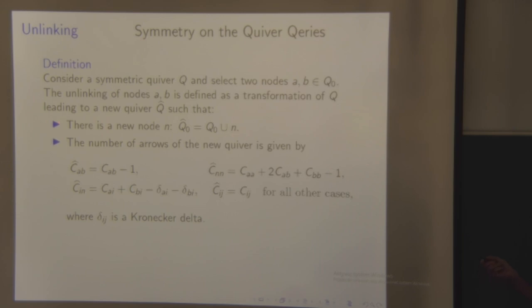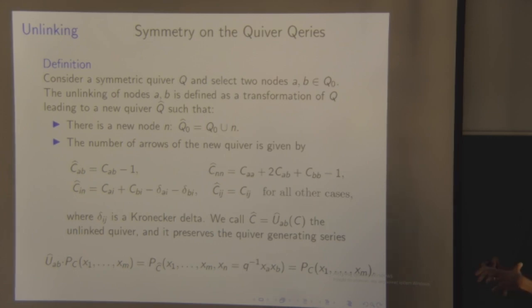If you have a quiver Q and you pick two nodes A and B, you can define this operation where you add an extra node and then you subtract a unit of linking, so you remove one arrow. I'll show you a picture again of how this looks, but the simple idea is that you increase the size of your quiver and the price you pay is to remove one unit of linking, but you get the same quiver generating series.